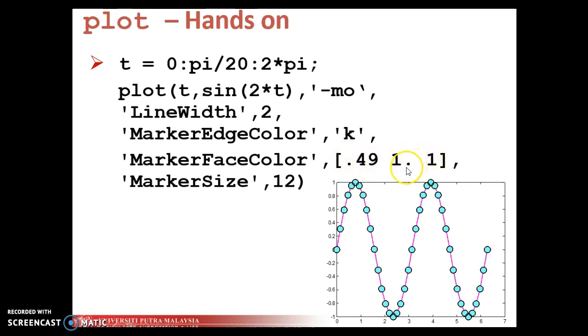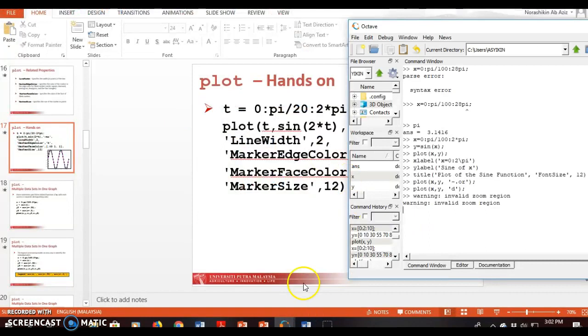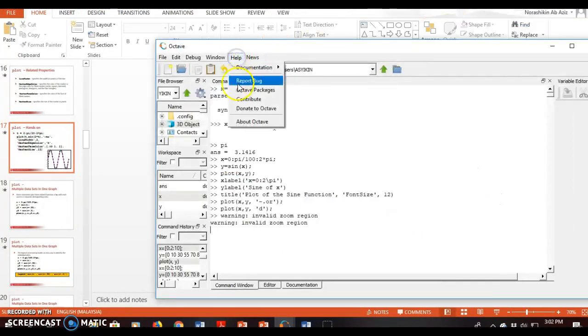You may search help, but I'm not sure whether Octave has sufficient help brochures. It is online, but with MATLAB you can search RGB. So color as well you can represent with code.